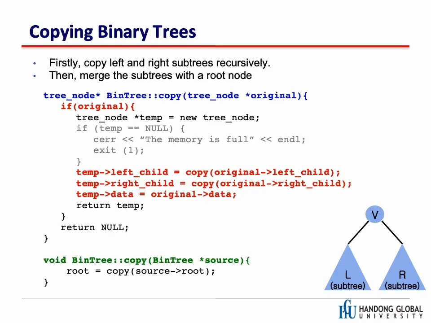Then we have to copy something. So if it is not null, we allocate memory space. Now temp is pointing to one memory space. The great part is just checking if this allocation is successful. Let's assume that it's successful. Then we call the copy function one more time, passing original's left child pointer, and temp's left child will get that.